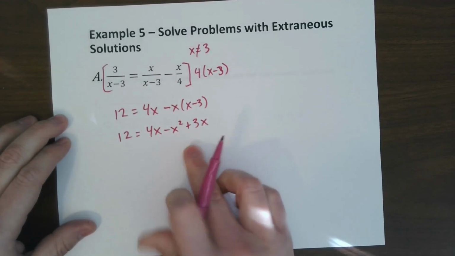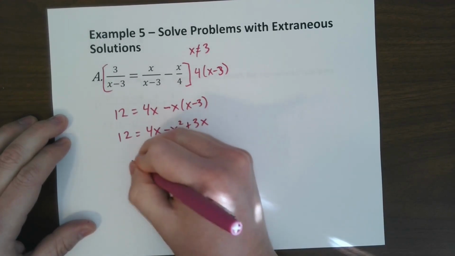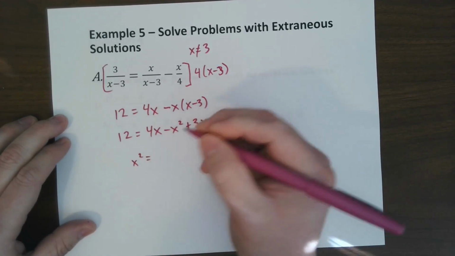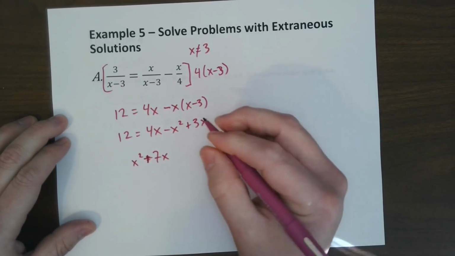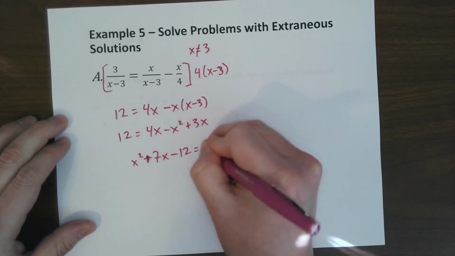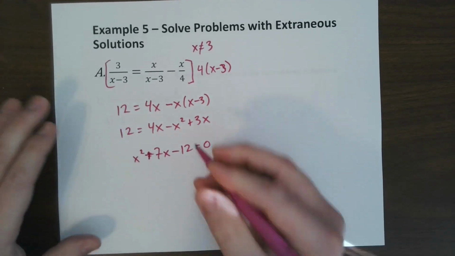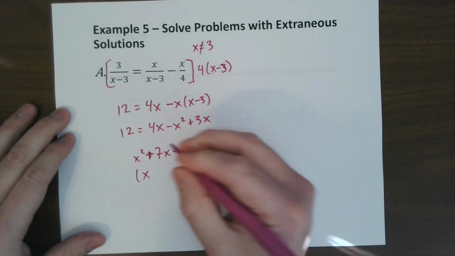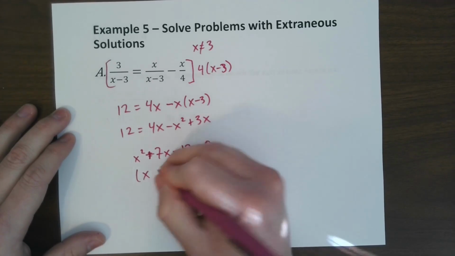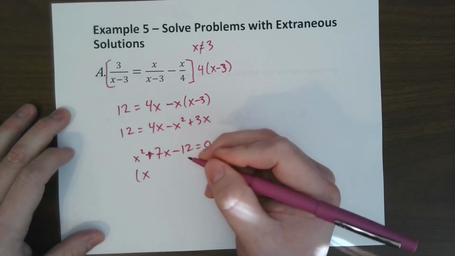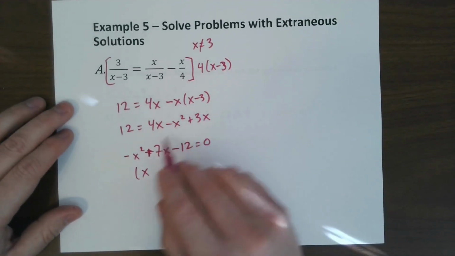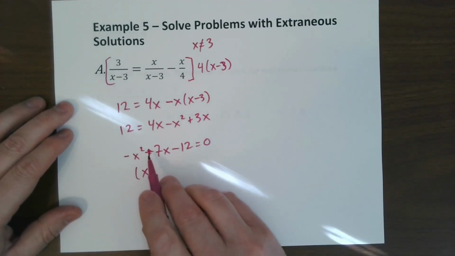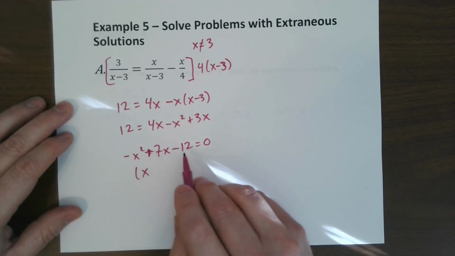So I'm going to rewrite this real quick. So x squared plus 7x minus 12 equals 0. So if we factor this, we get x... Okay, so when I rewrote this, negative x squared plus 7x minus 12 equals 0.